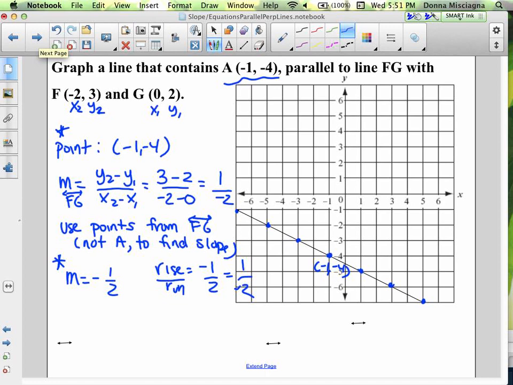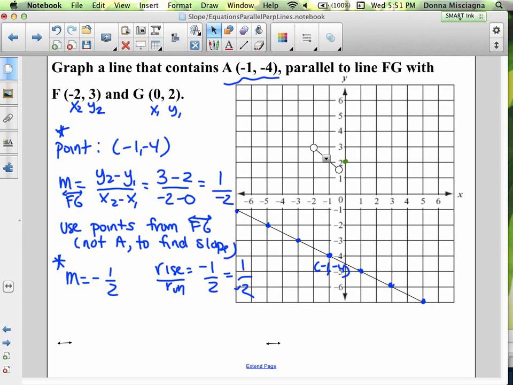The other line would go through 0, 2. Actually, the line that we were given, since we know we have 0, 2 and we have -2, 3, we can see our line really easily.